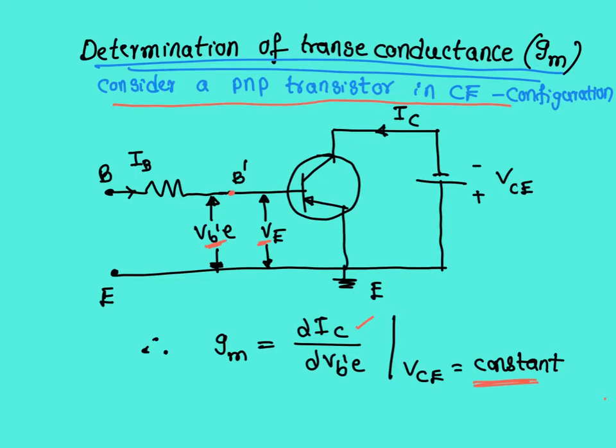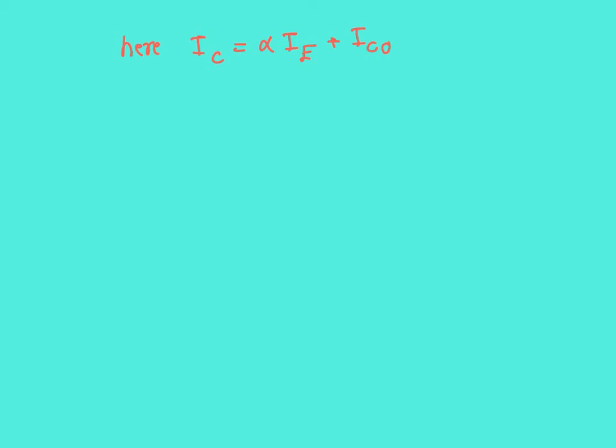It is a ratio of collector current to VB dash E at a constant VCE. So here we know that collector current can be defined as IC is equal to alpha IE plus IC naught. Here alpha is the amplification factor and IC naught is the saturation current.